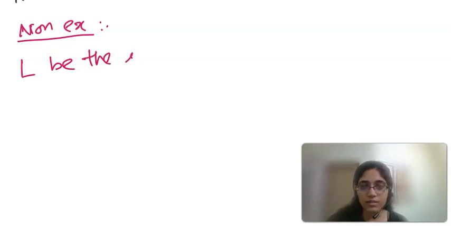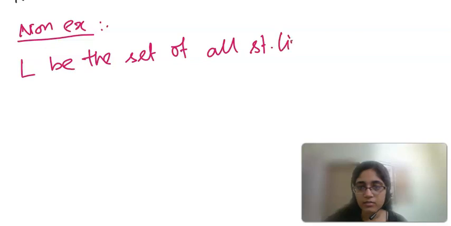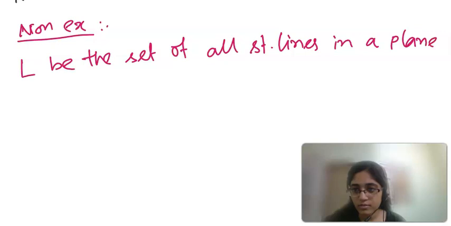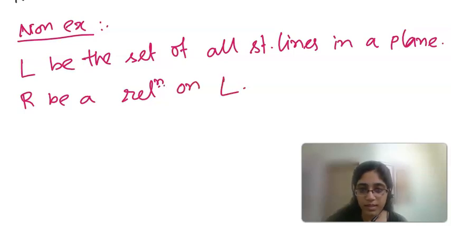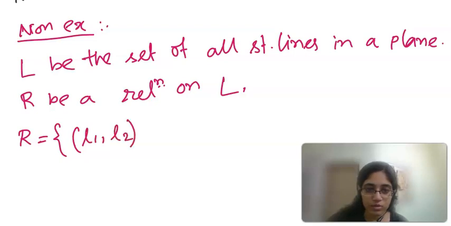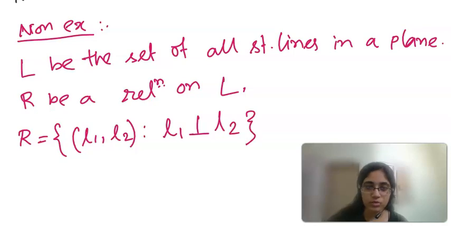Now we consider a non-example. Suppose L is the set of all straight lines in a plane. R is a relation on L, and R is defined as the ordered pair (L1, L2) such that L1 is perpendicular to L2.